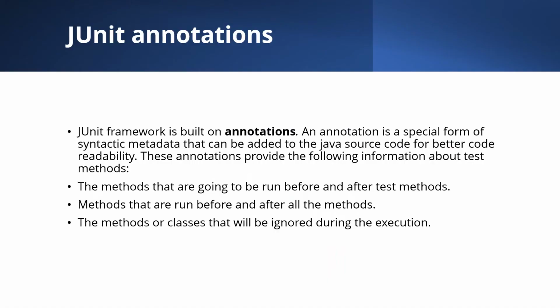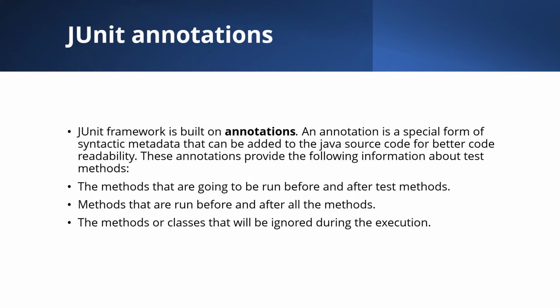JUnit annotations. JUnit framework is built on annotations. An annotation is a special form of syntactic metadata that can be added to the Java source code for better code readability. These annotations provide the following information about the test methods.